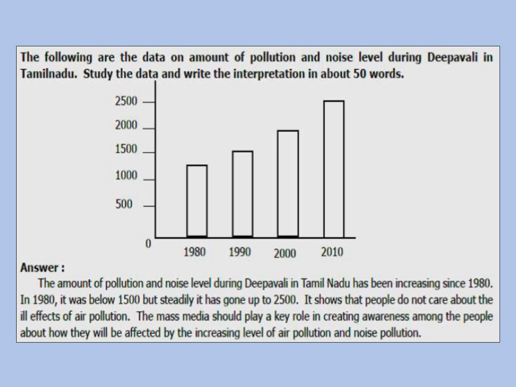In 1980, it was below 1,500, but steadily it has gone up to 2,500. It shows that people do not care about the ill effects of air pollution. The mass media should play a key role in creating awareness among the people about how they will be affected by the increasing level of air pollution and noise pollution.